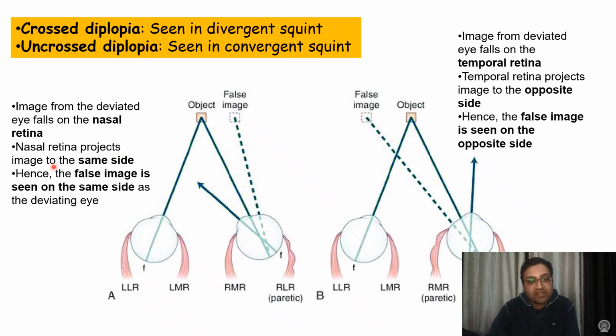Nasal retina projects the image onto the same side, and hence the false image is seen on the same side as the deviating eye. In case of exotropia, the image from the deviated eye falls on the temporal retina. Why temporal retina? Because now the fovea has moved nasally. So temporal retina projects the image to the opposite side, and hence the false image is seen on the opposite side.